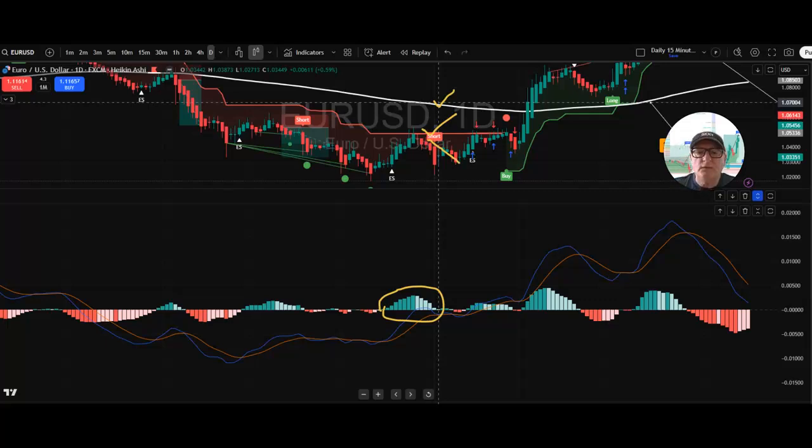However, we do have the price moving down on the previous move, and we have the signal line moving up. This is called positive divergence. You don't want to be trading short in a positive divergence environment. So this trade is not valid.